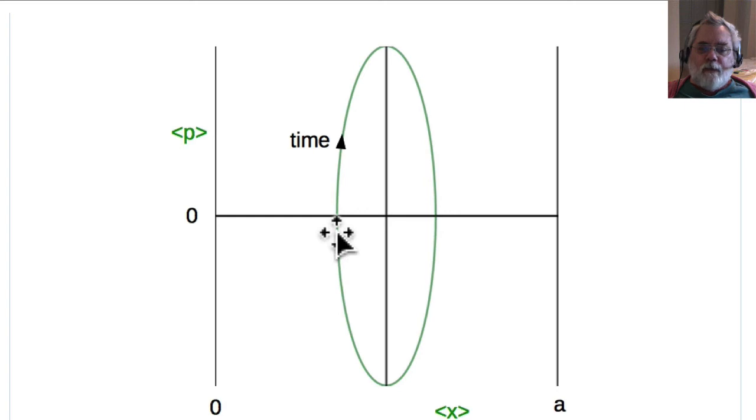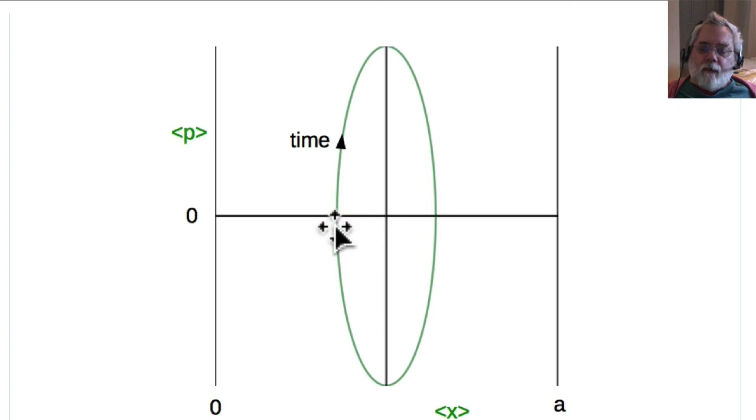And we get this ellipse, where time is traveling clockwise in this case. So at this point here, the expected value of X is as far on the left side as it's going to be. The expected value of momentum is momentarily 0, but then time moves on and the expected value of P becomes positive, which means we have motion left to right.